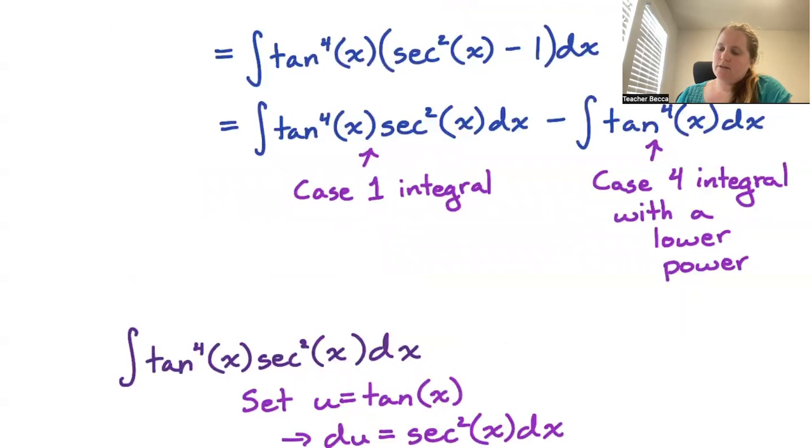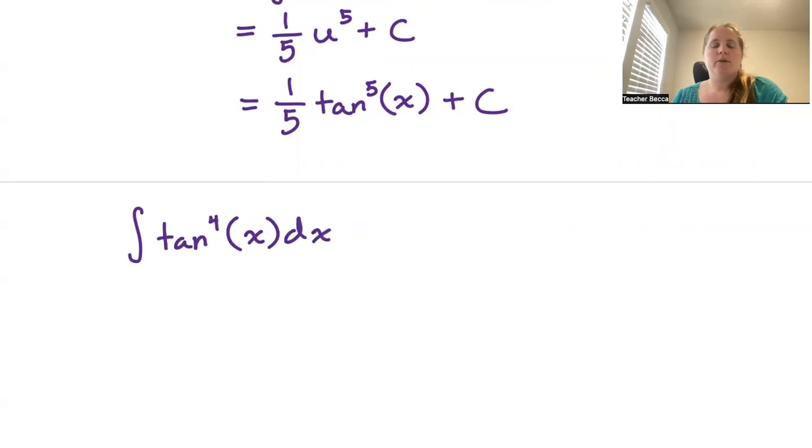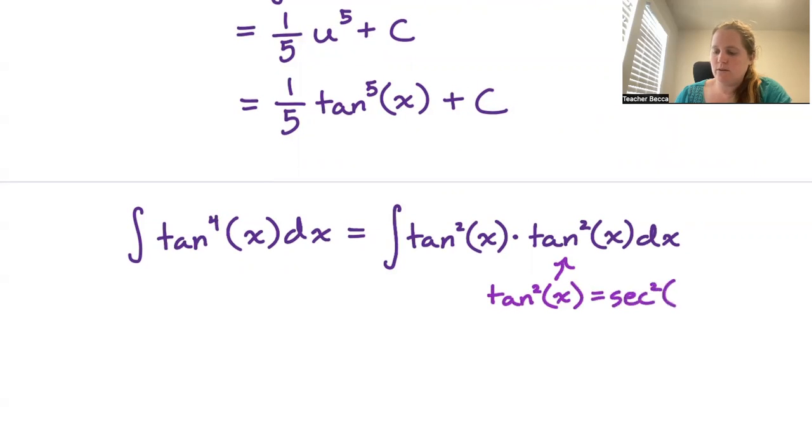Our next component is our integral of tangent to the fourth of x. So the integral of tangent to the fourth of x dx. We are again going to peel off a tangent squared. So this is an integral of tangent squared of x times tangent squared of x dx. We are going to replace one of those tangent squares with a secant squared minus 1. So tan squared of x is secant squared of x minus 1.